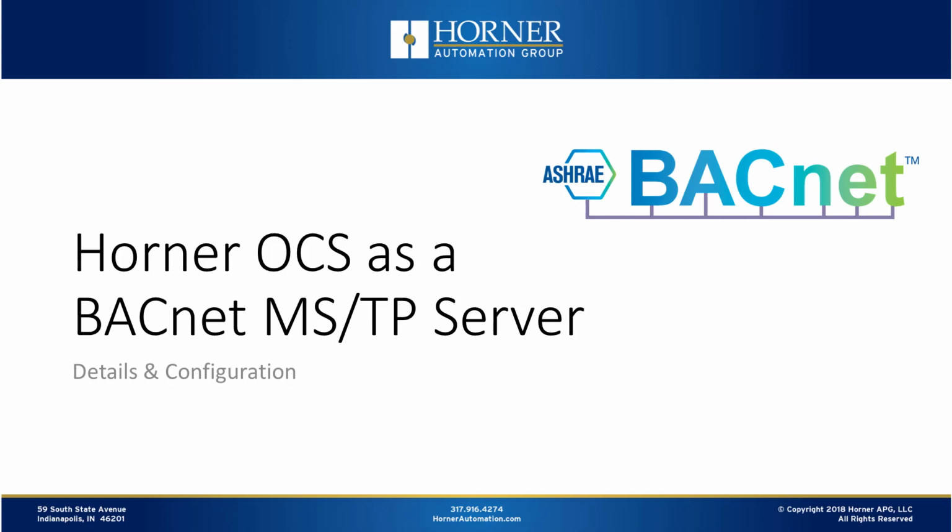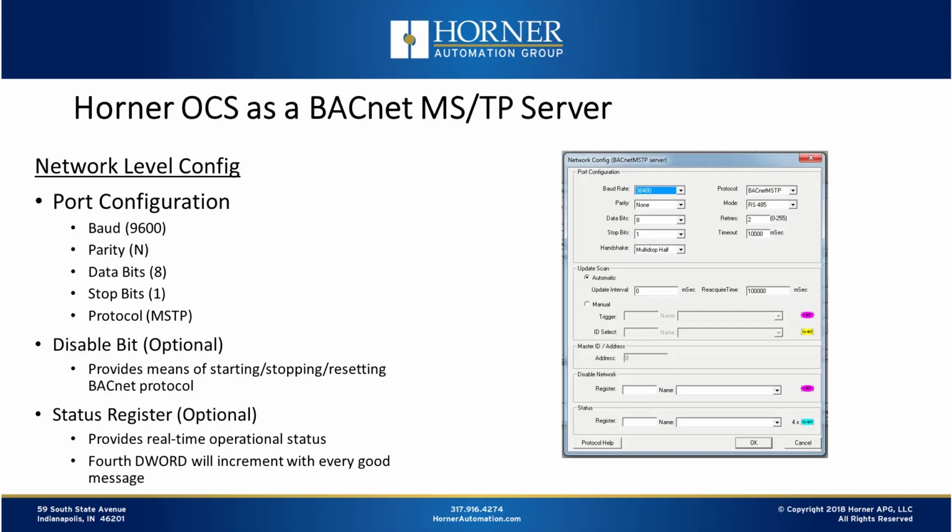Okay, now let's talk about how you might configure one of our products as a BACnet MSTP server. Keep in mind that BACnet MSTP is based around RS-485. So most commonly, that is going to be a two-wire half duplex network, very similar to what you might find Modbus running on these days, running at a relatively slow baud rate.